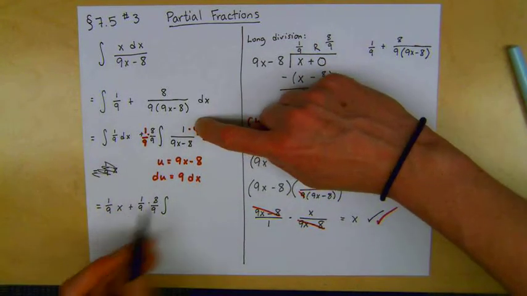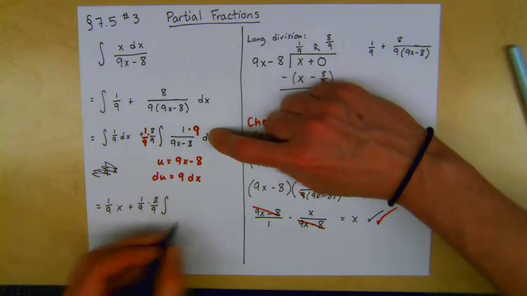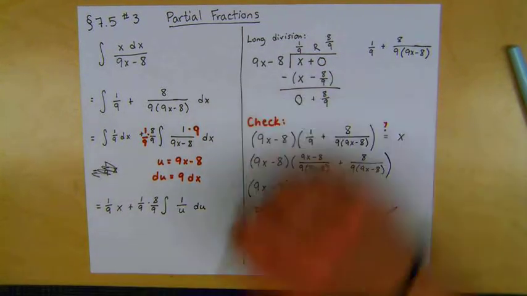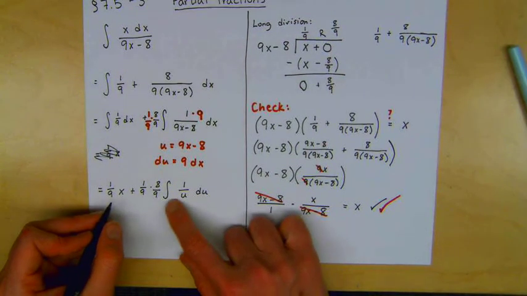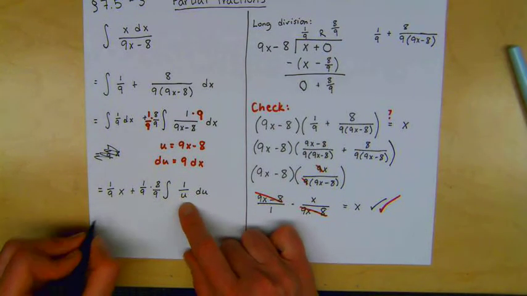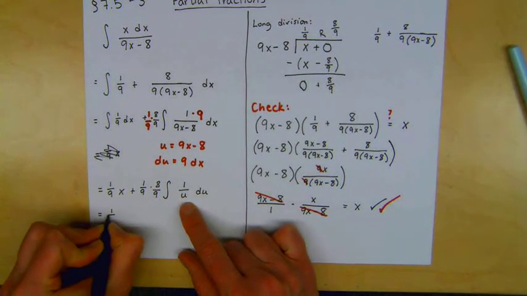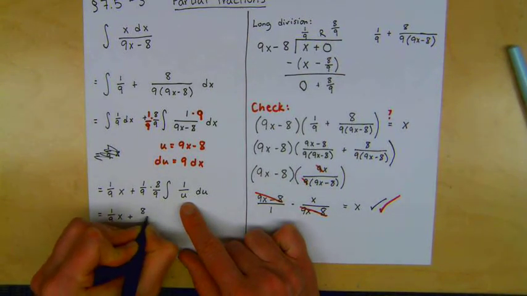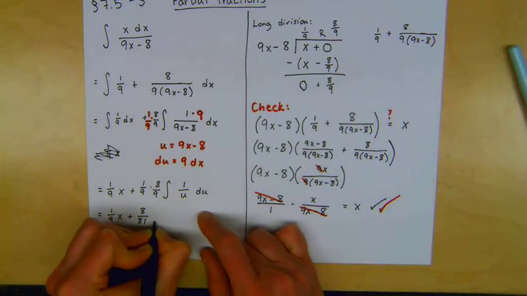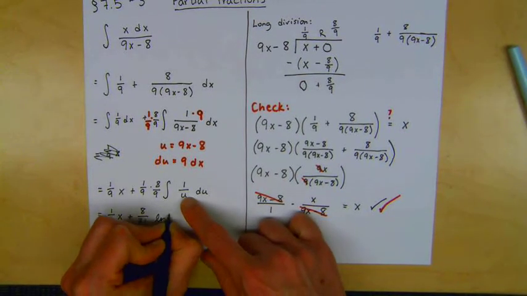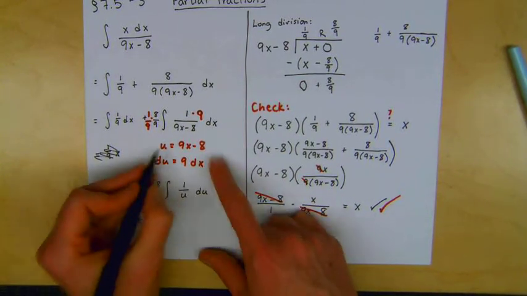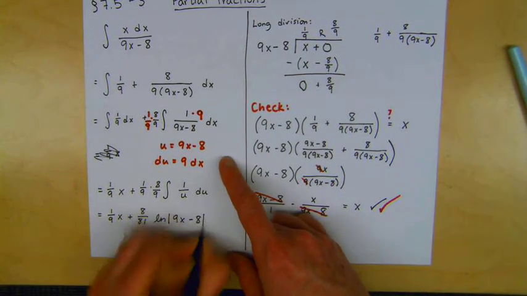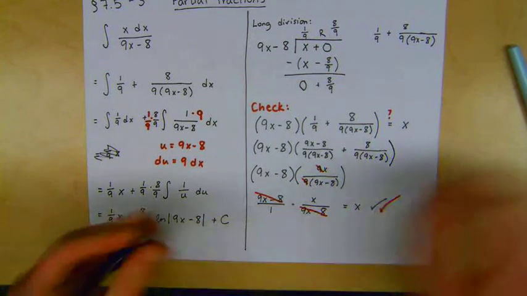The 9 dx becomes a du, so I just get 1 over u du, and I can use the fact that the integral of 1 over u is the natural log. 1/9 x plus 8 over 81 times the natural log of u, but u in this case was equal to 9x minus 8, plus c.